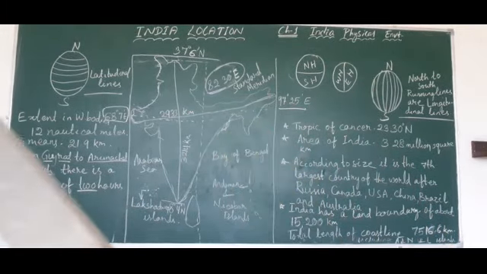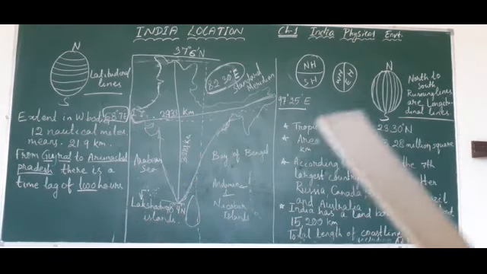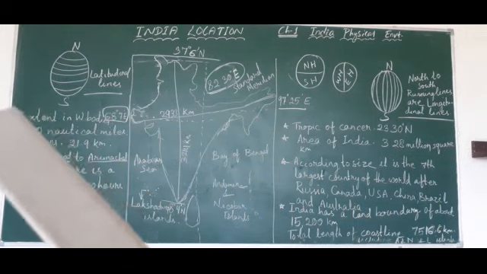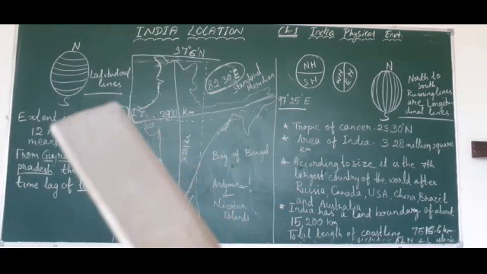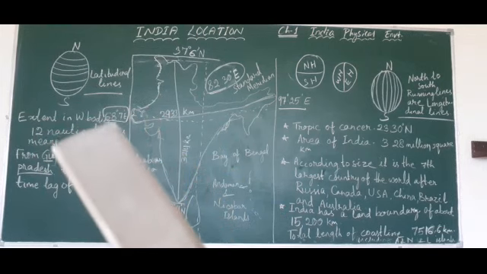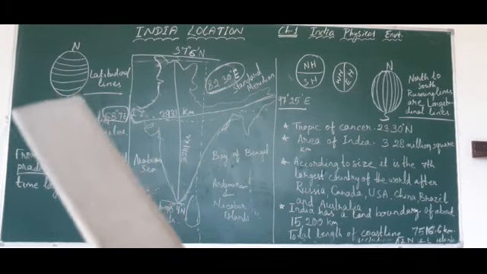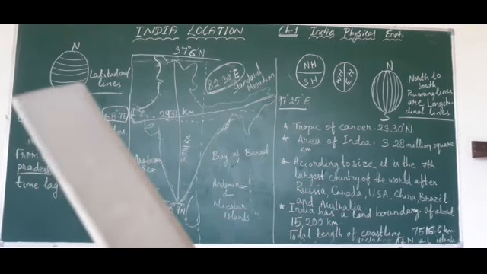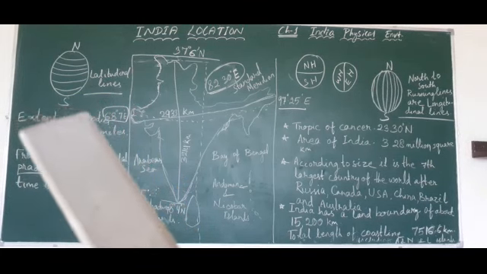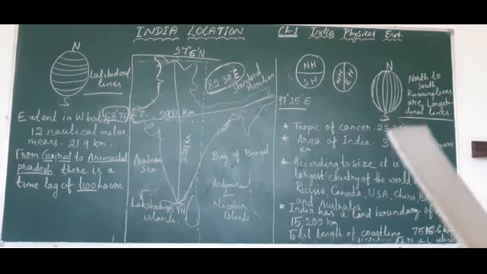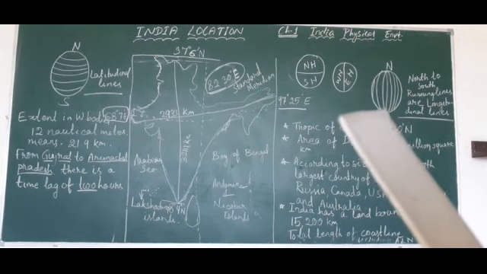Then we will know what are the latitudinal lines and what are the longitudinal lines. All these latitudinal and longitudinal lines are imaginary lines. Latitudinal lines run from east to west. They are horizontal lines. And longitudinal lines run from north to south. They are vertical lines.